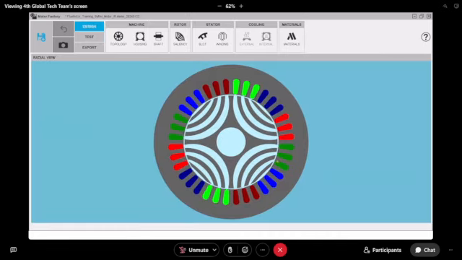Yeah, so Flux Motor is really helpful for the pre-design stage, and our example at the last session will be done mainly with Flux Motor. So we'll see how to use Flux Motor to design a synchronous reluctance machine from scratch.